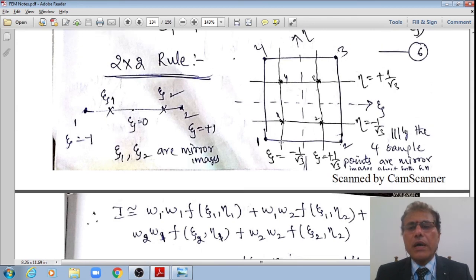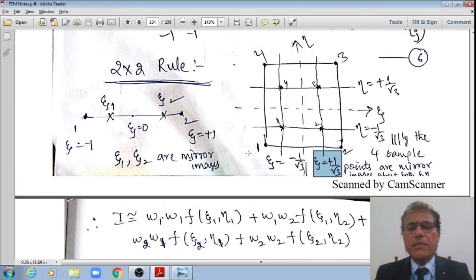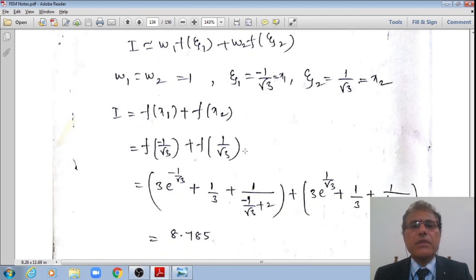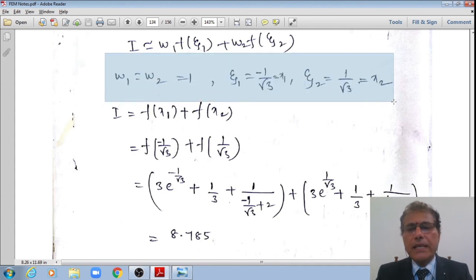Therefore that is how I can prove that xi1 is equal to minus 1 by root 3, xi2 is equal to plus 1 by root 3, with weightage of w1 is equal to 1, w2 is equal to 1, as we have seen like this, right?